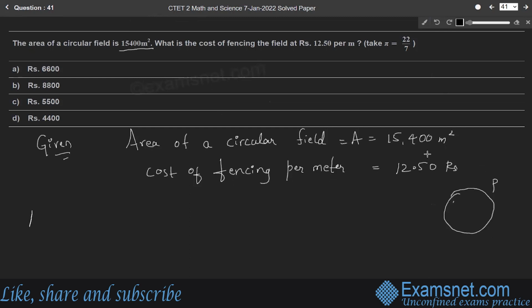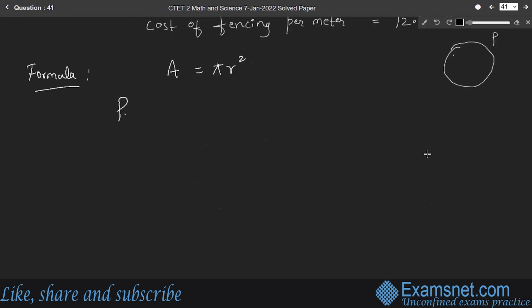Formula to be used. Here, area is equal to pi r square and perimeter of the circle P is equal to 2 pi r, where pi is 22 by 7.